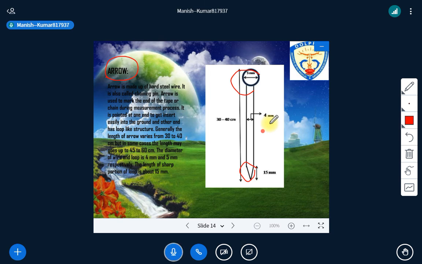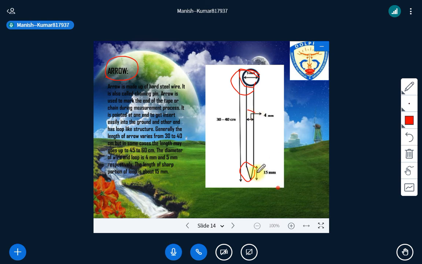The length of the arrow is 30 to 40 centimeter, and sometimes more, 45 to 60 centimeter. The diameter of the loop is either 4 mm or 5 mm, and the thickness of the arrow is 4 mm.